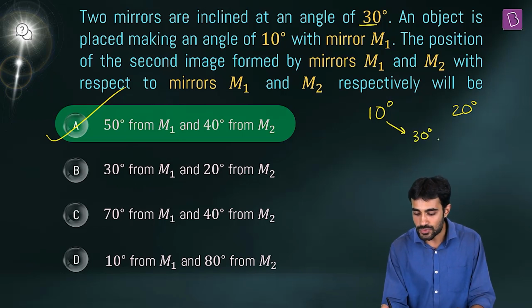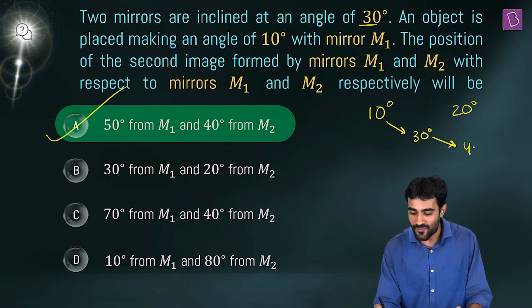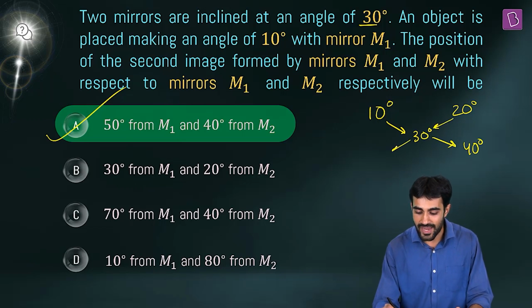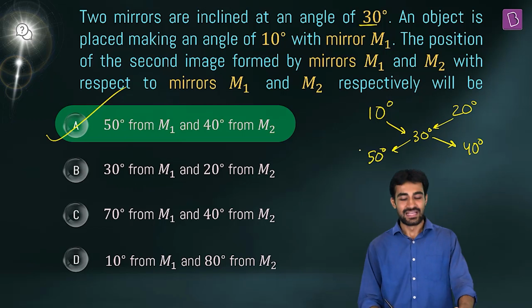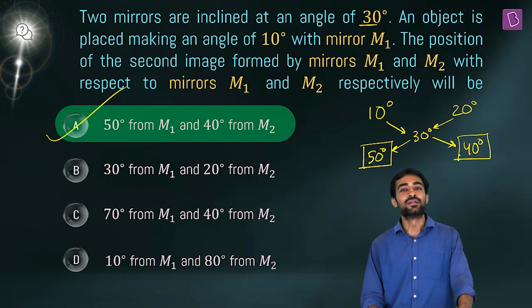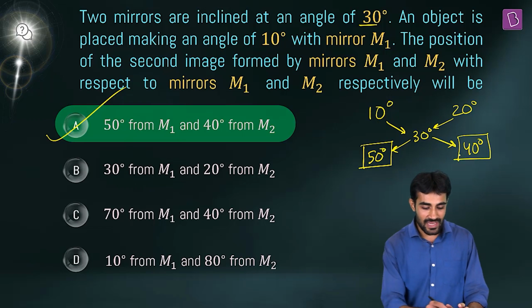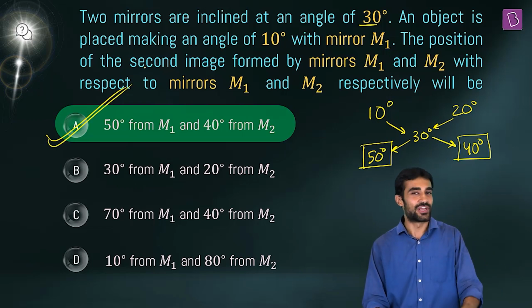So 10 degree goes on the other side. 30 degree gets added and it becomes 40 degree. Nice. And 20 degree wants to go on the other side. 30 degree gets added and it becomes 50 degree. So we got the second images, angle made by the second images from the mirror, 50 degree and 40 degree. We can mark option A as the right answer for this amazing question.